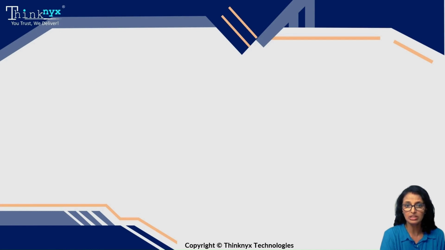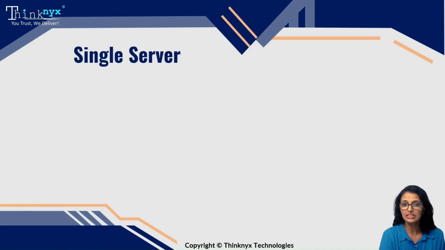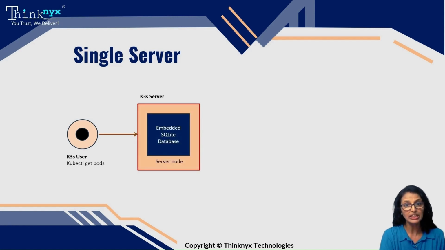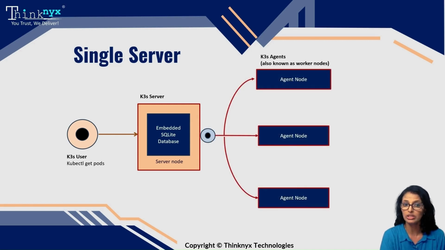In a single server setup, K3s runs with a single server and one or more agent nodes. The server node handles the cluster's control plane responsibilities, including managing the cluster state, scheduling and orchestrating workloads. The agent nodes execute the workloads and distribute them across the cluster, providing scalability and resource distribution.